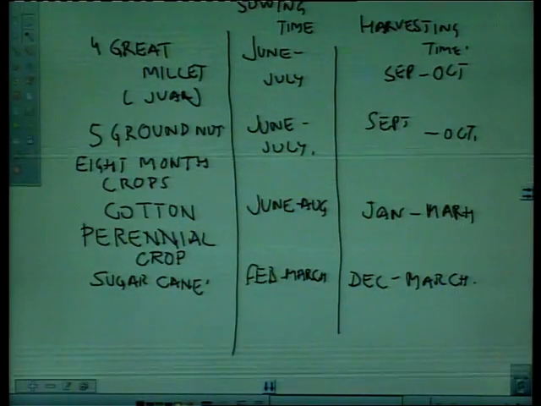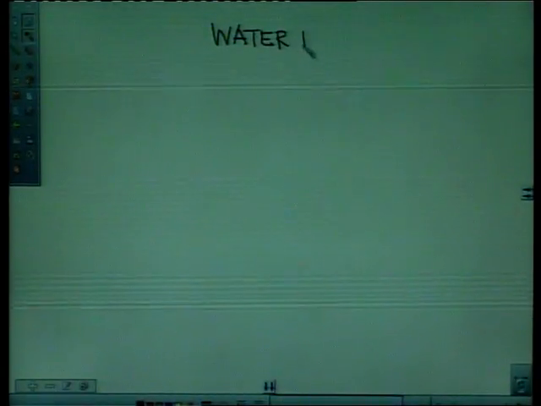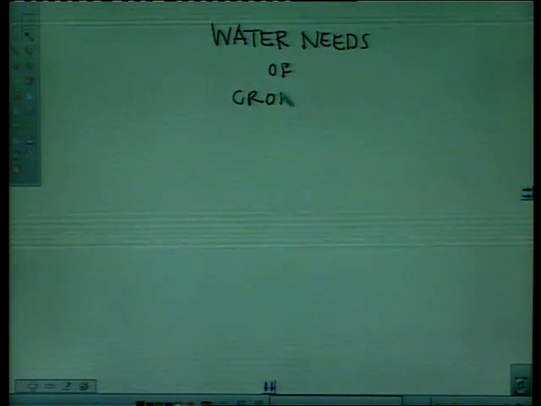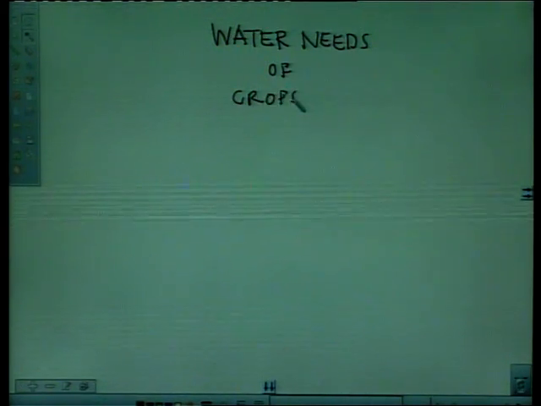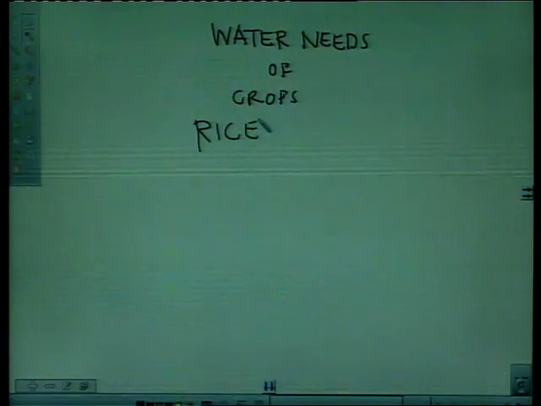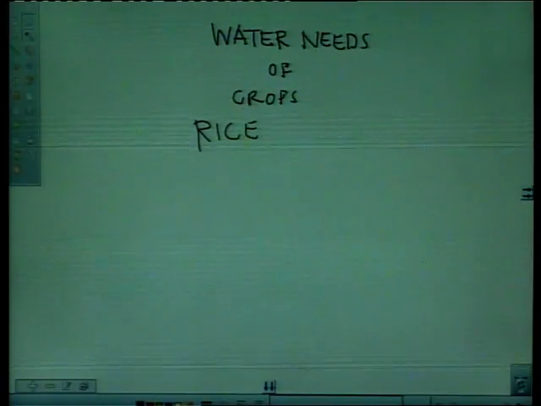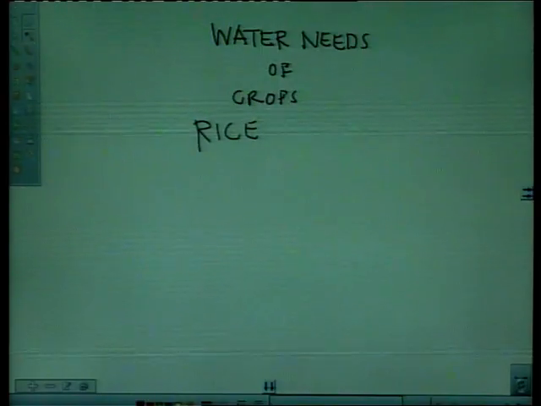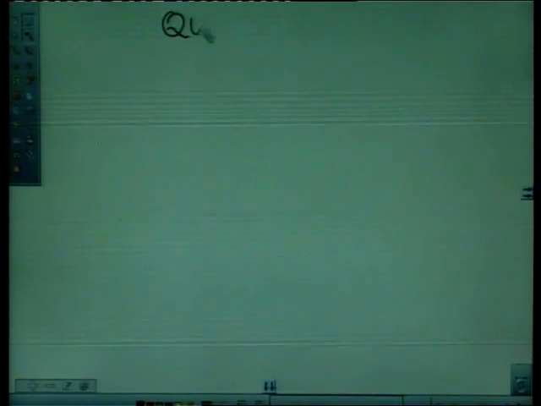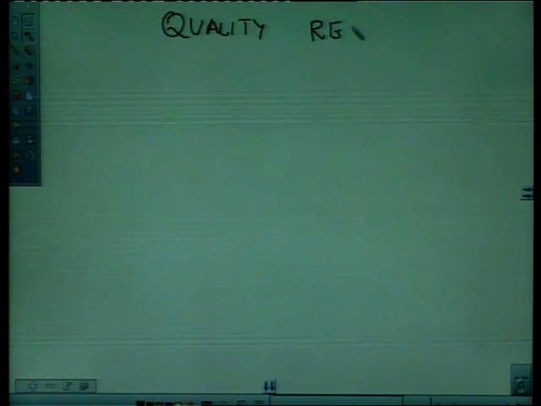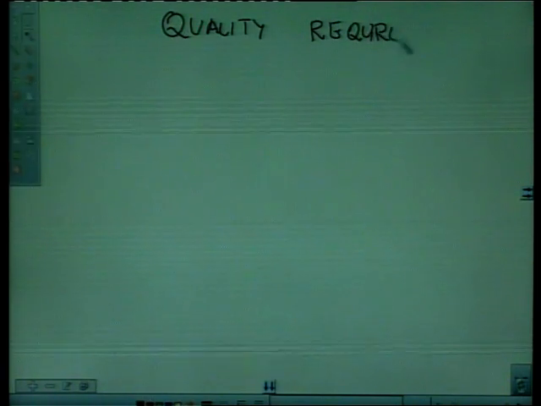Then we have water needs of crops. Water requirement varies from crop to crop. As you know, rice demands much more water than any other crop. So water is required right from sowing to maturity for rice. Then we have quality requirements.